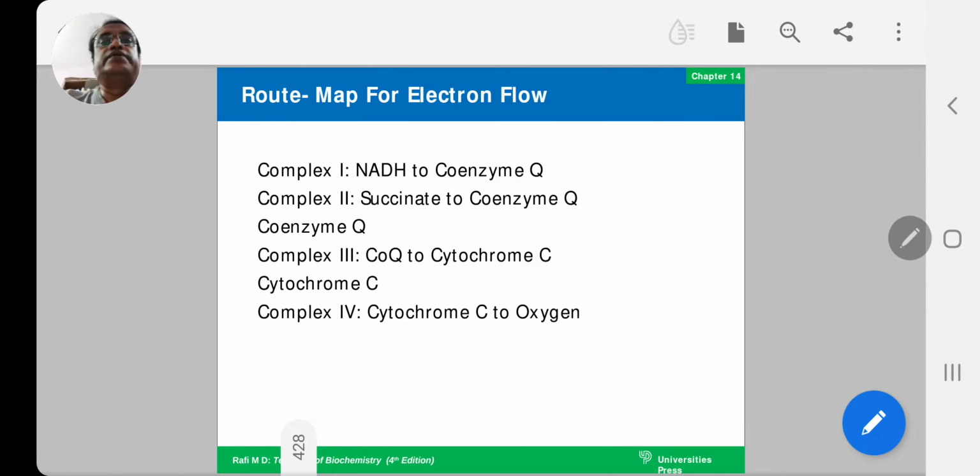Initially, the hydrogen and electrons are transferred to FMN, reducing it to FMNH2. From here, two high potential electrons move to iron-sulfur proteins.